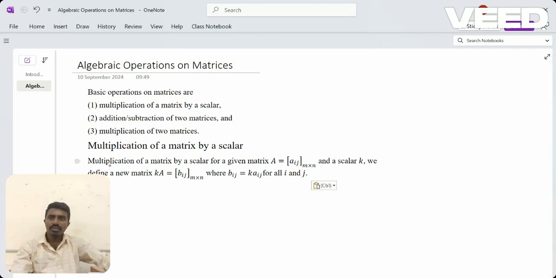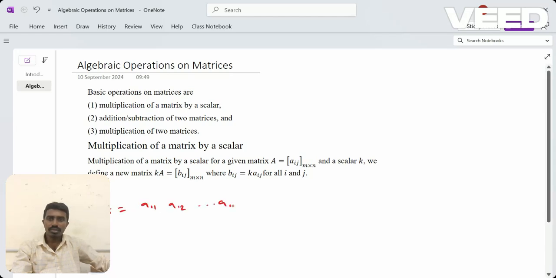For example, consider a matrix A equal to A11, A12, and so on up to A1n, A21, A22, and so on up to A2n, and so on up to Am1, Am2, and so on up to Amn.